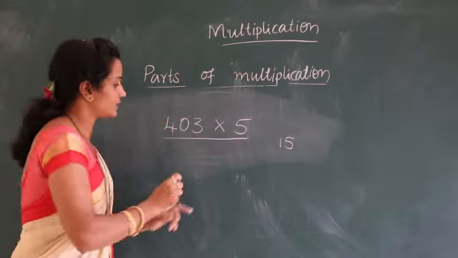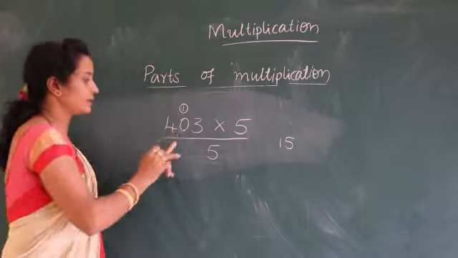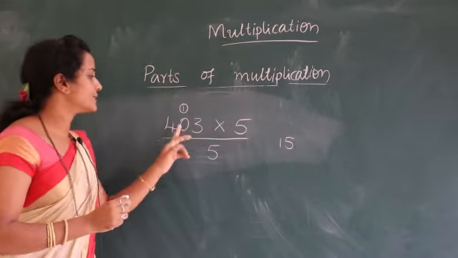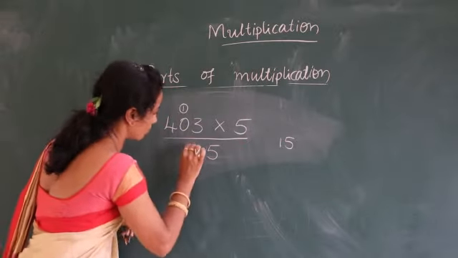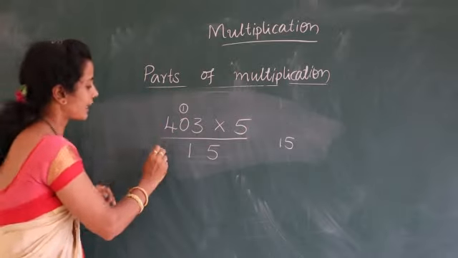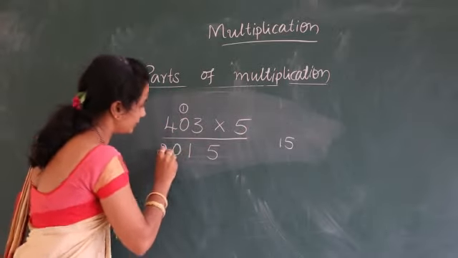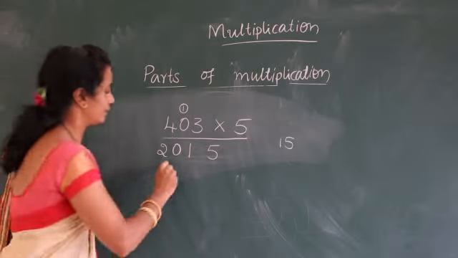Out of this 15 I will write 5 here and 1 will be carried to the next place. 5 zeros are 0. 0 plus 1 is 1. 5 4s are 20. Since nothing is carried, we will write 20 as it is. Since there is no more number, we will stop here.